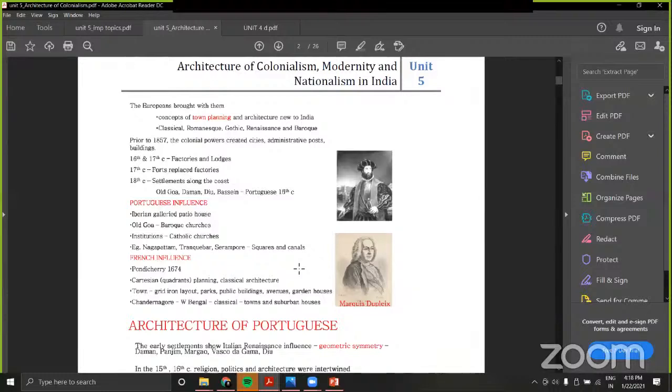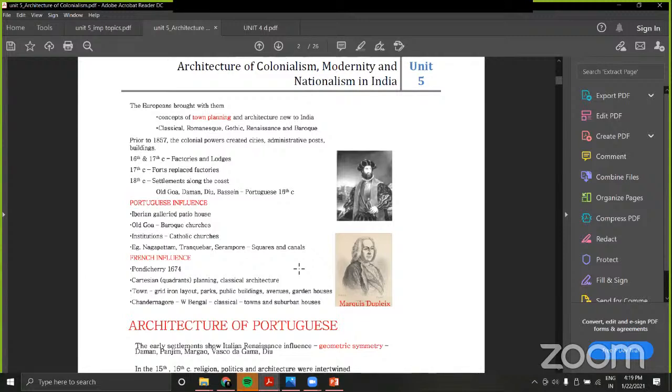In 1857, colonial powers created cities, administrative posts, and buildings. First came the Portuguese, in old Goa, with Baroque churches, institutions, and Catholic churches. Examples are Nagapatnam and Serampore, with squares and canals.